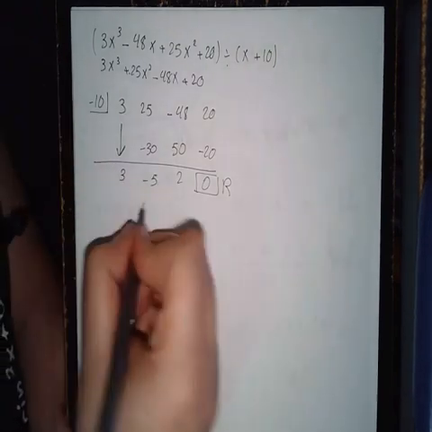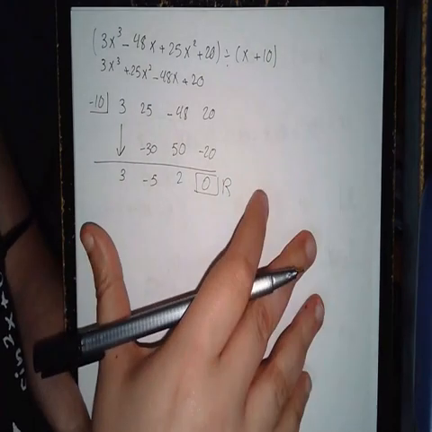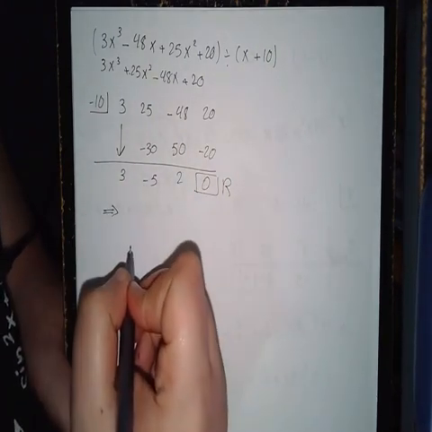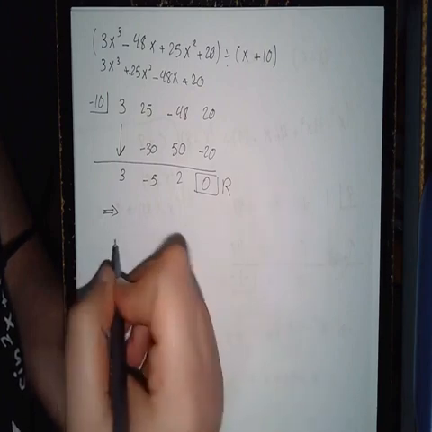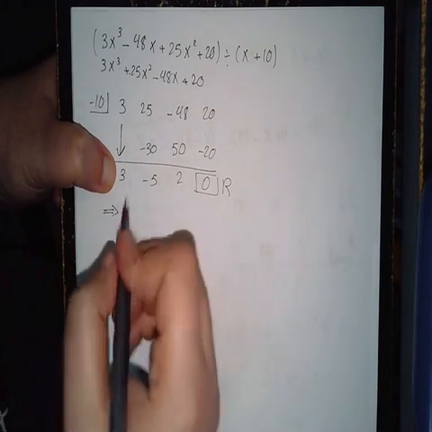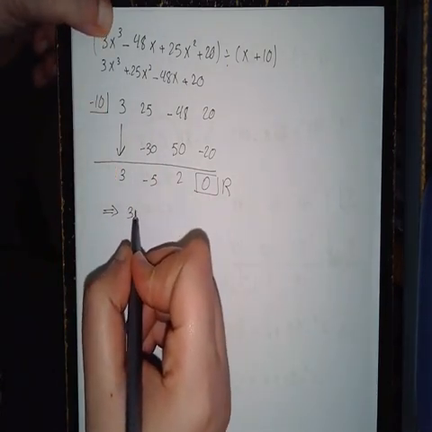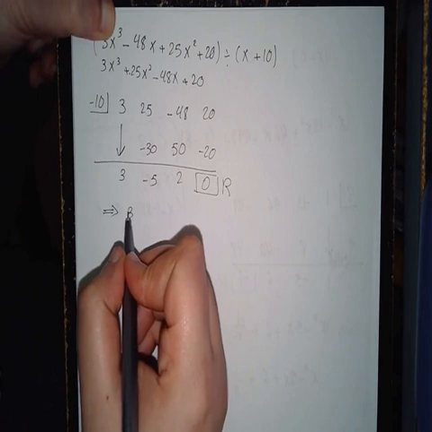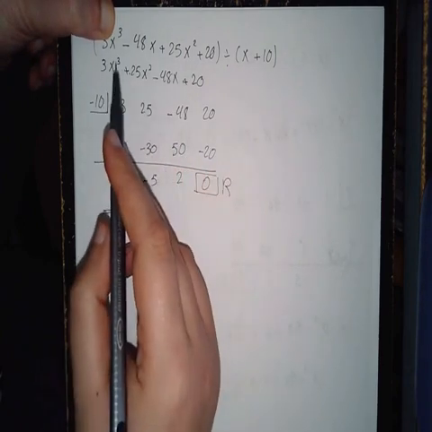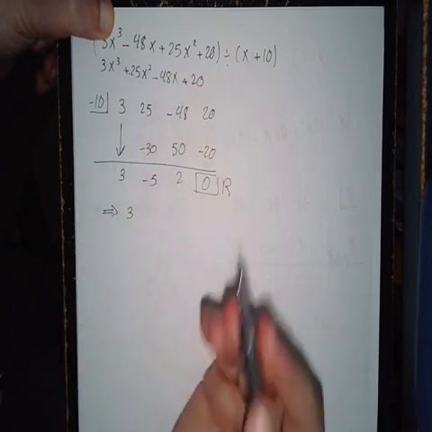Alright, so from here, again, you have the right side or the left side. You can start with whichever one you'd like. I'm going to do the left one this time since I did the right one last time. So we have 3, which is a coefficient of what? I need to go back to the function and look at it and go, okay, so it was cubic. Now, after I divide it by the first power, it's going to drop 1. So it goes to being a quadratic, right?